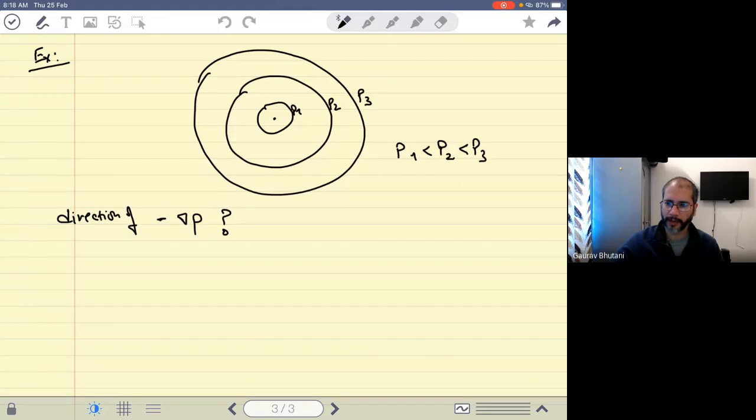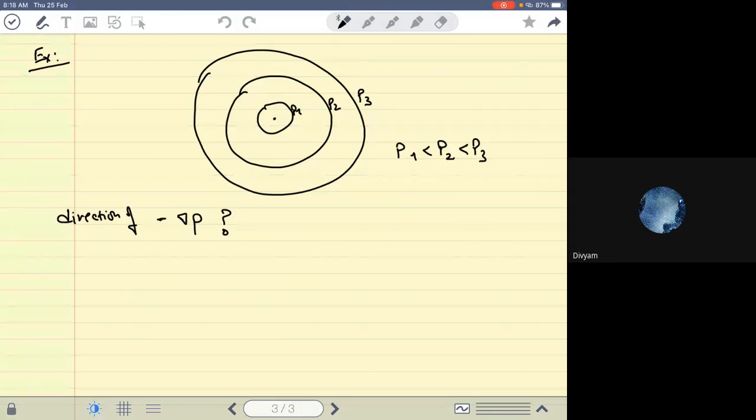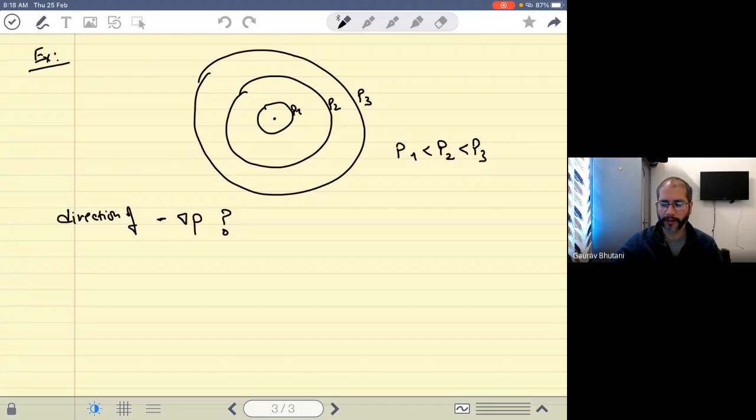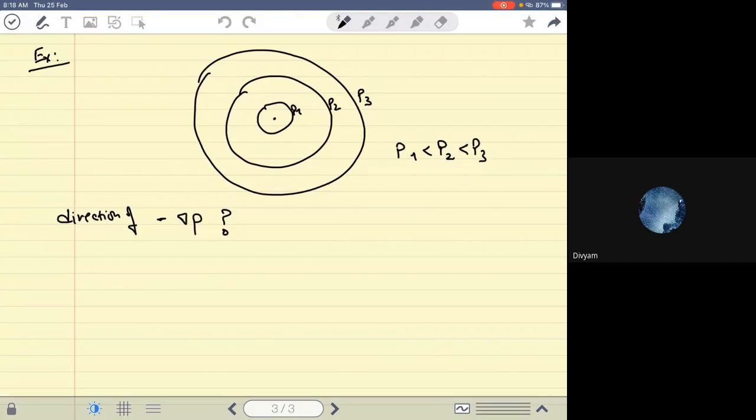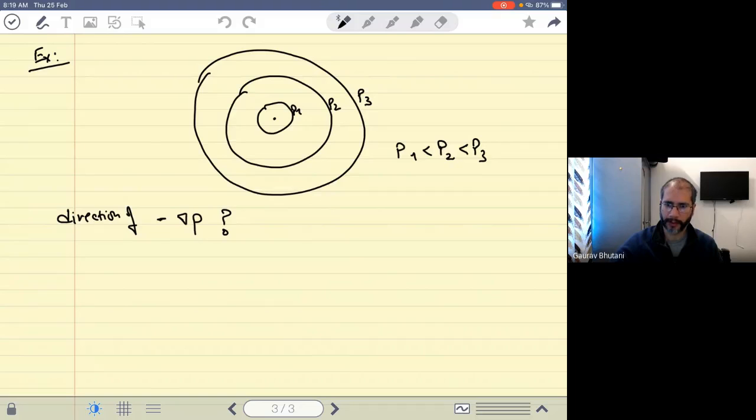What about Divyam? Is the meaning of gradient operator clear here? Yes, sir. So can you comment in the direction of the gradient of P? I think towards the center of the circle, concentric circle. Right, right. So, well, minus grad P will be towards center.